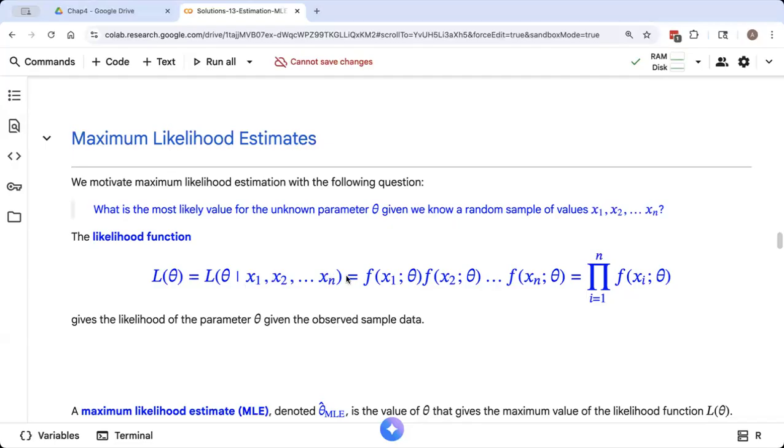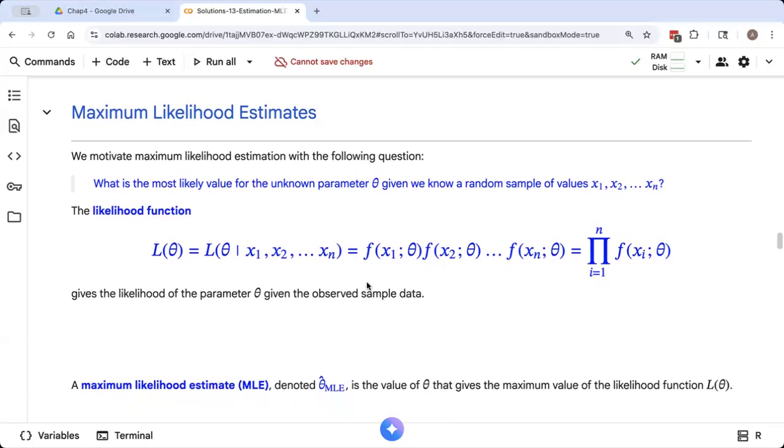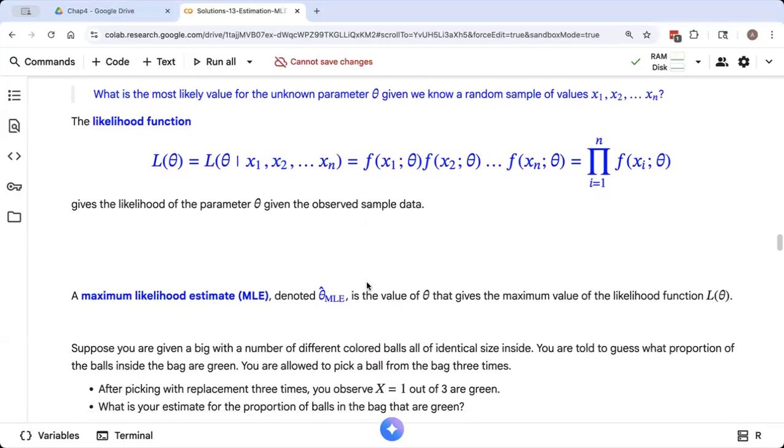You can find this likelihood function by taking the product of either the probability density function or the probability mass function evaluated at each of the values in the observed sample. You can think about this likelihood function as giving the probability of observing your sample, and that is going to depend on the value of theta, which is unknown to us. So we're going to pick a sample, and then from that sample, we're going to estimate theta with its most likely value. That's what we call the maximum likelihood estimate.